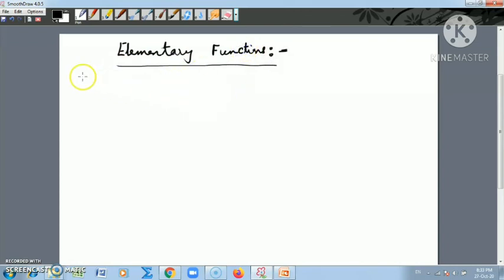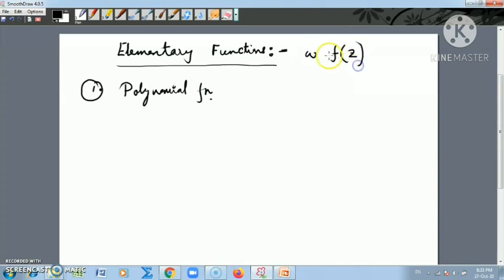So there are different types of elementary functions. We have polynomial function. Polynomial functions are like this. When I say functions, I am speaking about actually functions of complex variables. That means if z is a complex variable, f(z), and that is a function, and there are different types.